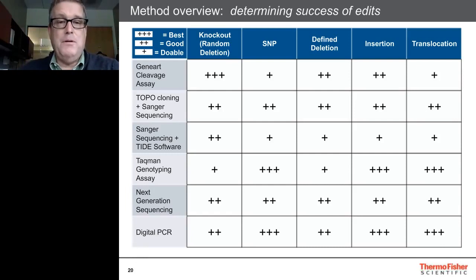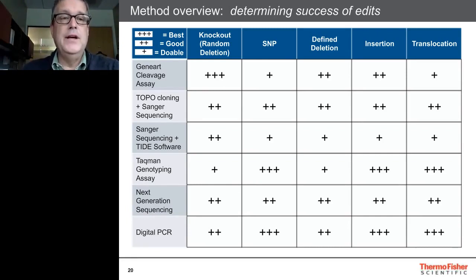For example, a single TaqMan genotyping assay will be very good at determining whether or not you have a SNP edit made. But for determining what the nature of your knockout mutation is, it's not going to be very good. It can be done, but it won't be very easy or very quantitative.